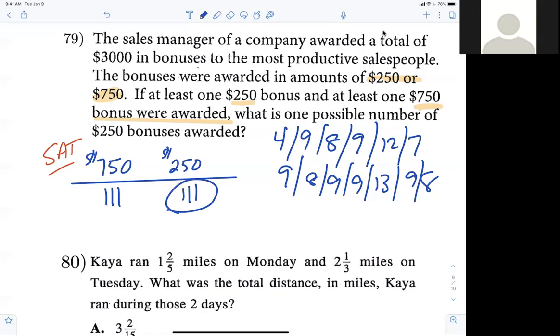Now, how many 250s are in 750? 3, right? So I could say, well, I'd rather give away more smaller ones. If I take a 750 away, I'm going to add 3 to the other one, which would be how many? 6. So 3 or 6.